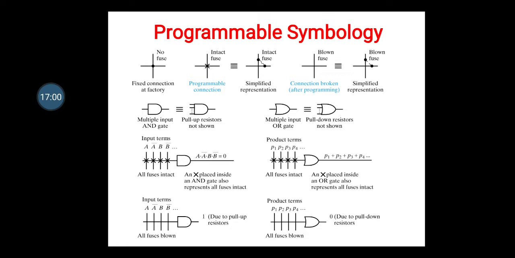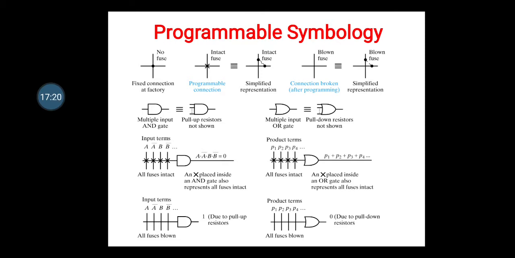So this is the programmable symbology. You can see here the AND gates, input terms A bar, B bar, and the connections are shown by the cross.